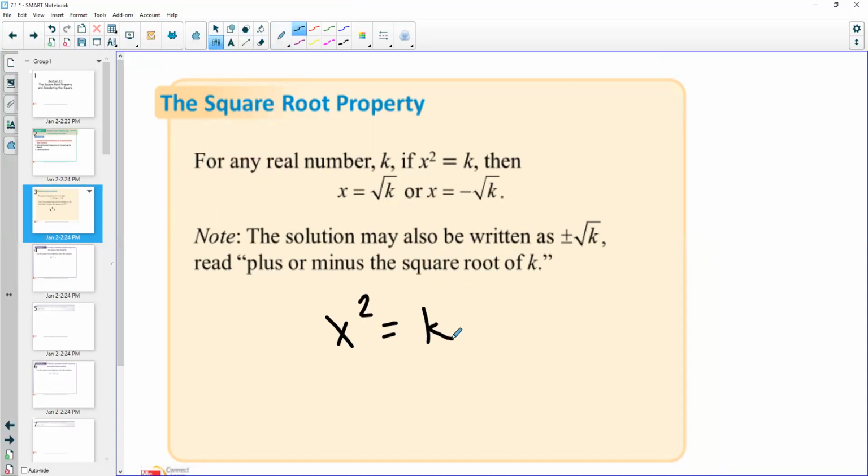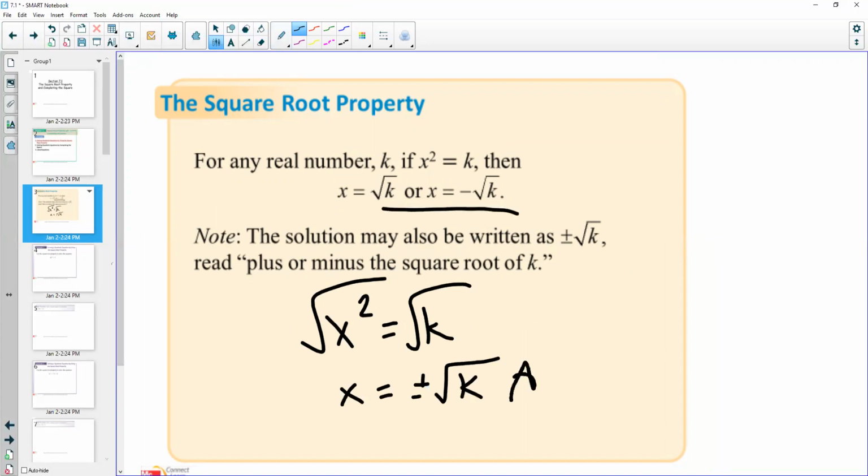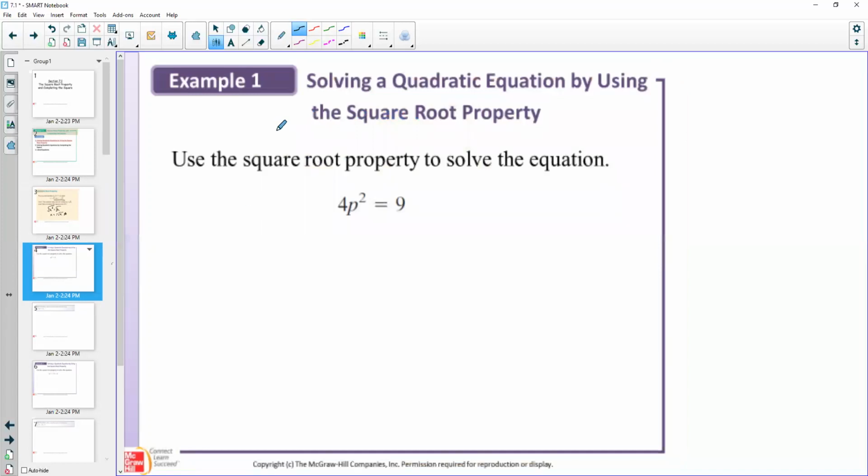So if I have x squared equals k, take the square root of both sides, x equals plus or minus the square root of k. You can write them separately, but plus or minus together is going to be sort of our shorthand here. So we can use the square root property to solve equations like this.